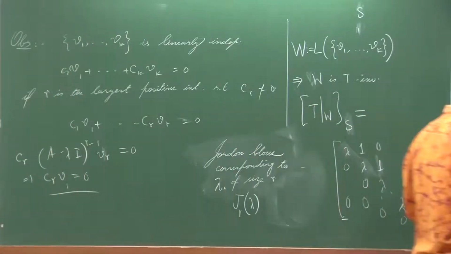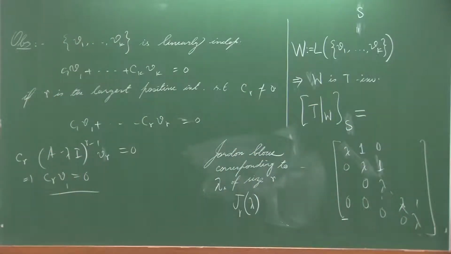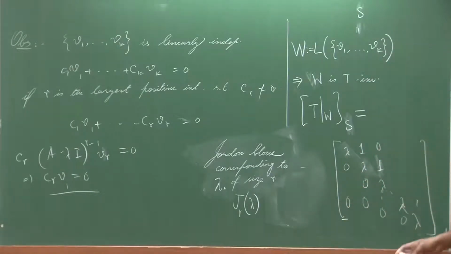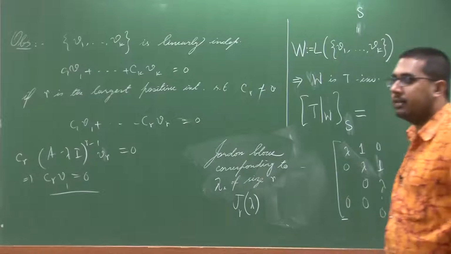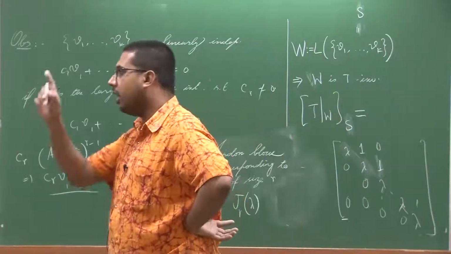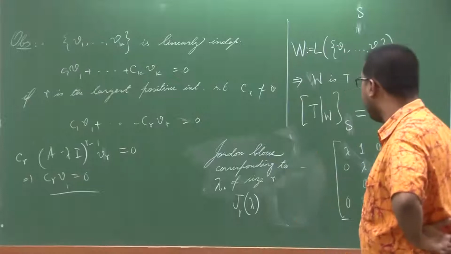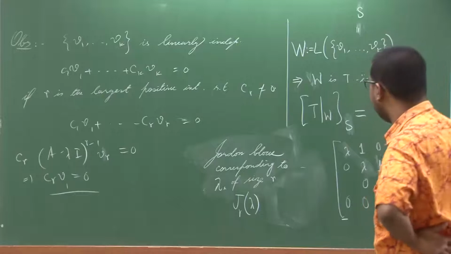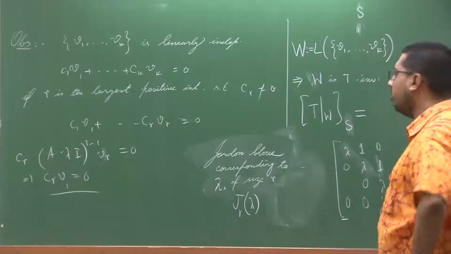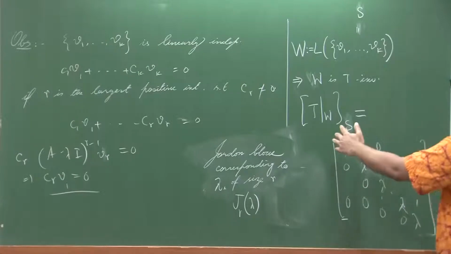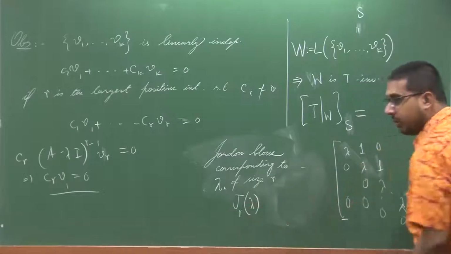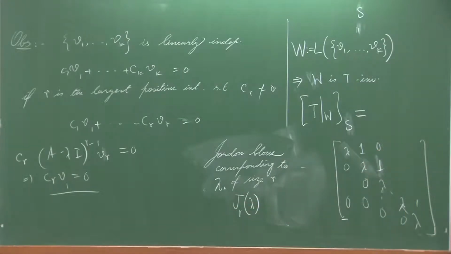As I have said, given a linear operator, assuming its minimal polynomial splits, I will try to find a basis in such a way that the block diagonal matrix that I am looking for will be of this form, where the blocks along the diagonal will be precisely Jordan blocks corresponding to the eigenvalues.